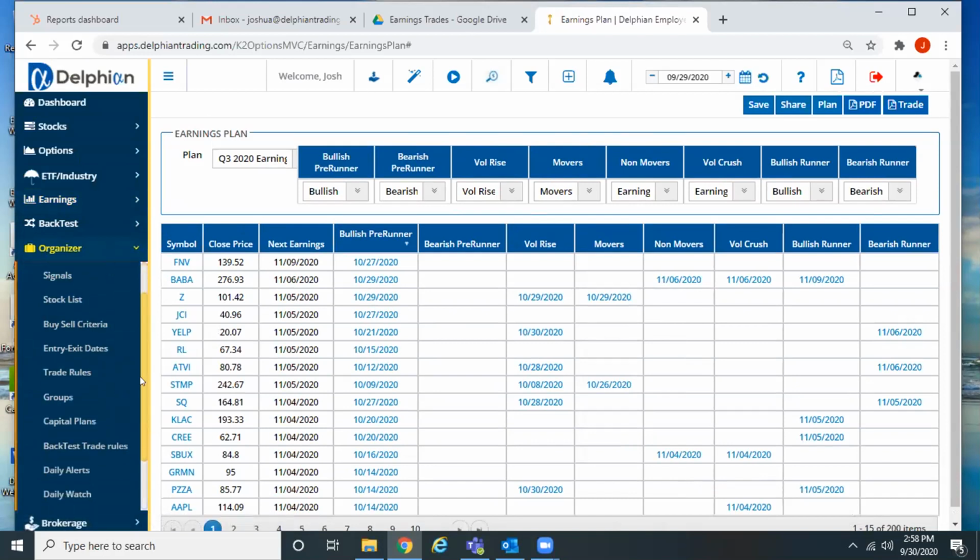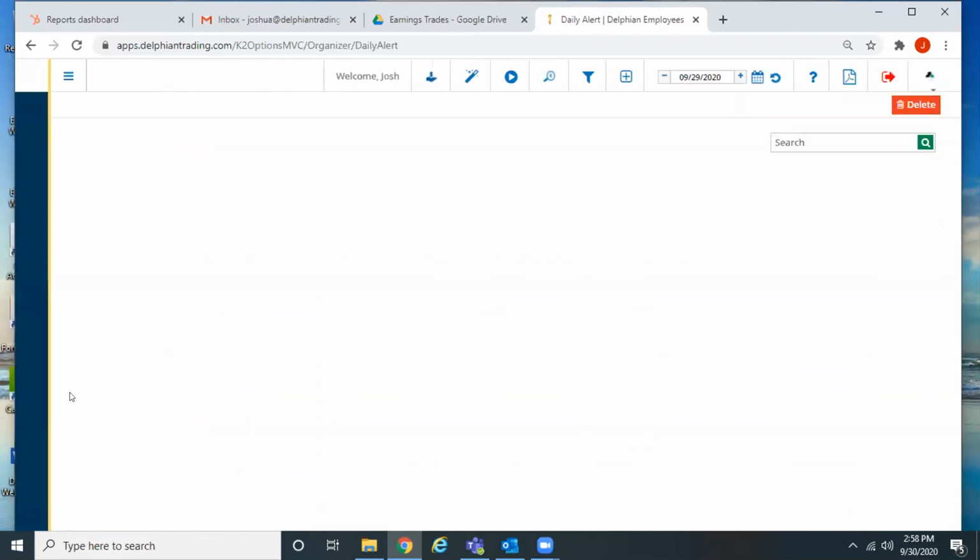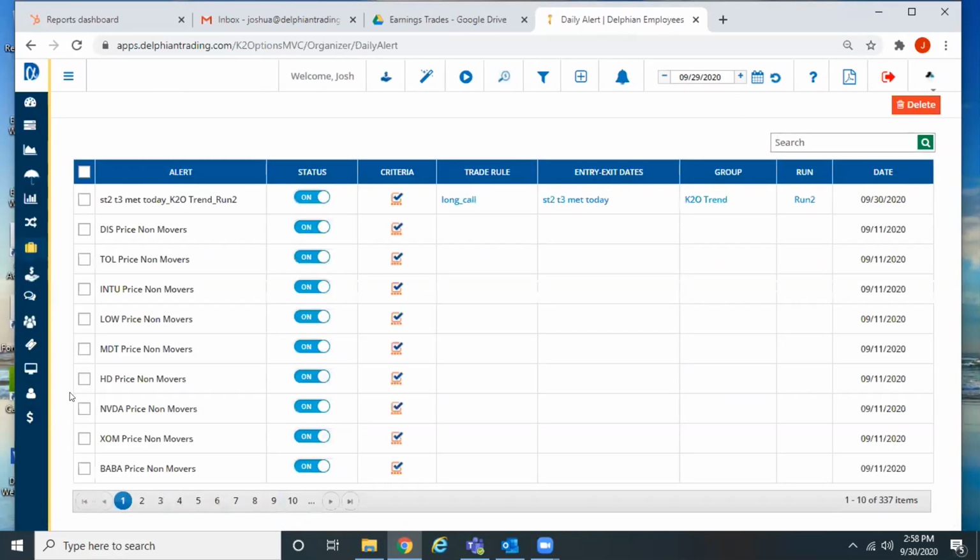If you scroll down, it's a sneaky one here. We made it yellow. So here's all your daily watch list. It's not something that's active right now. I have 337.